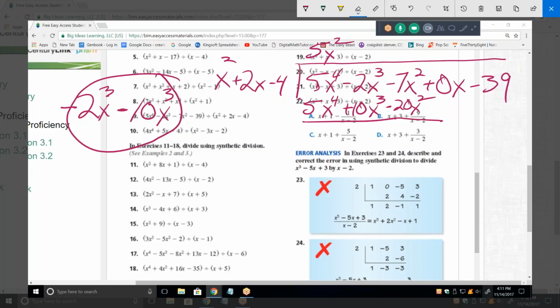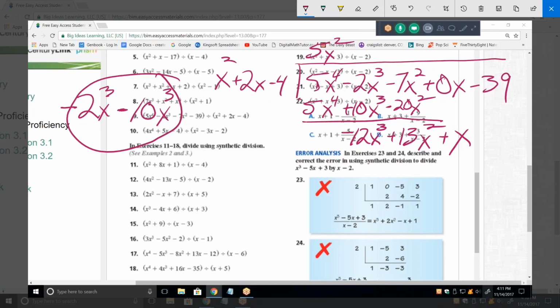So what is minus 2 minus 10? So that's minus 12x to the third. Okay. Now do the subtraction on the next term. Then that is plus 13x squared. And now bring down that, even though it's 0, still bring it down. And now repeat. Okay.